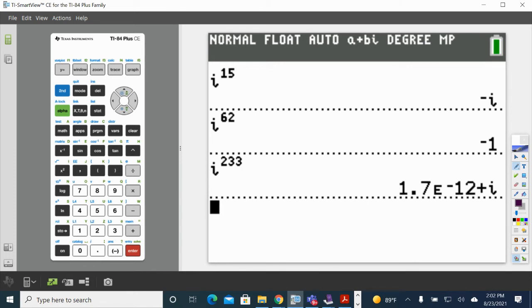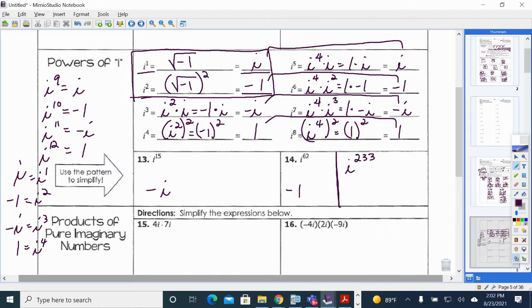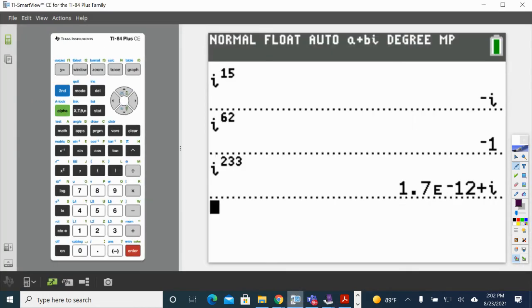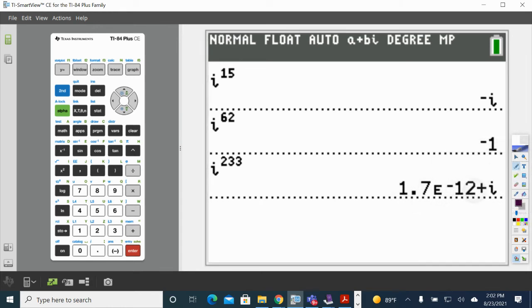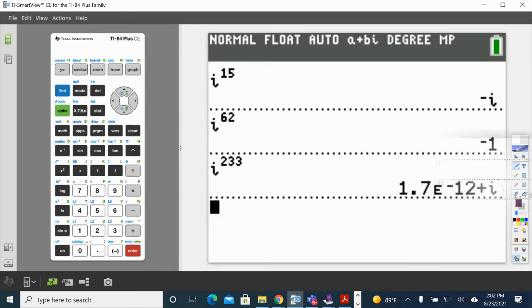Now, here's what you need to take away from the notes here. i to any power is either i, -1, -i, or 1. So where in this answer that the calculator has spit out is my answer? Well, on this one, it's at the end. This 1.7e -12 is not the answer. The answer is i.